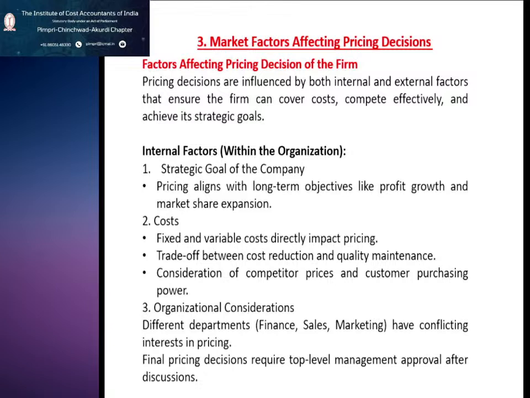And second aspect in organization consideration is that the final pricing decisions require top level management approval after deliberations and discussion. So at times the top management level may accept or may strike down the price that has been suggested, and hence there is a larger impact of these internal factors in the pricing decision of the firm.